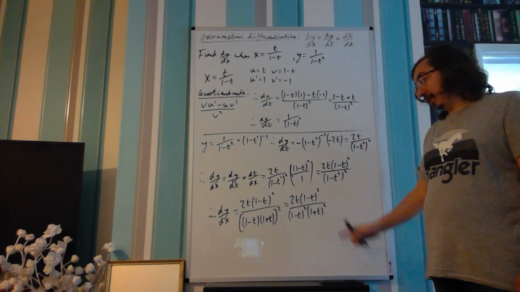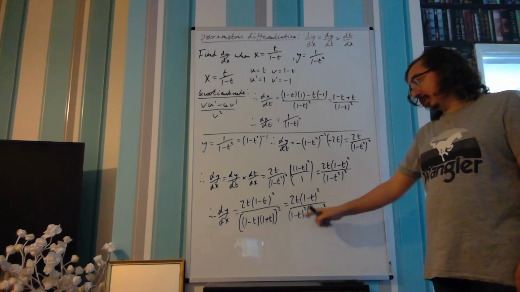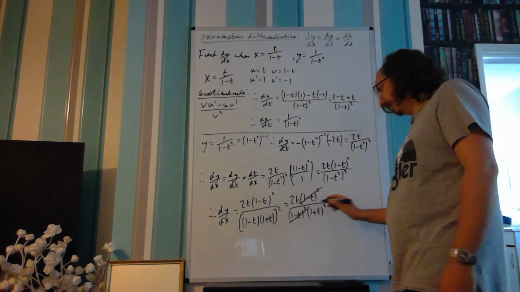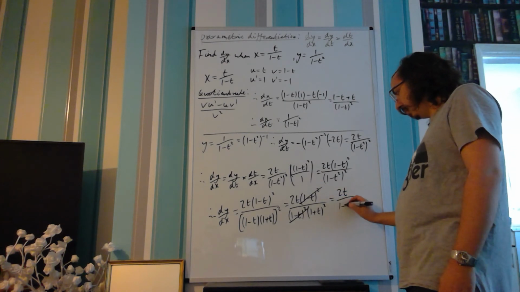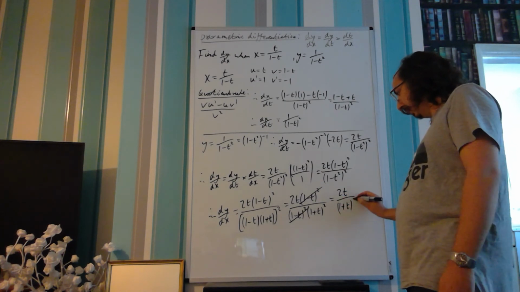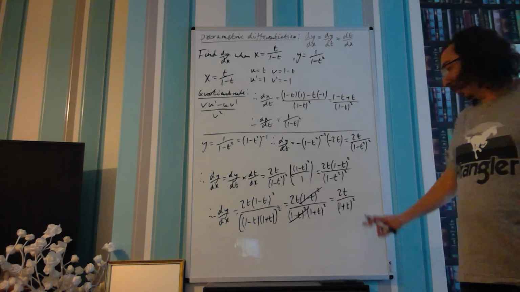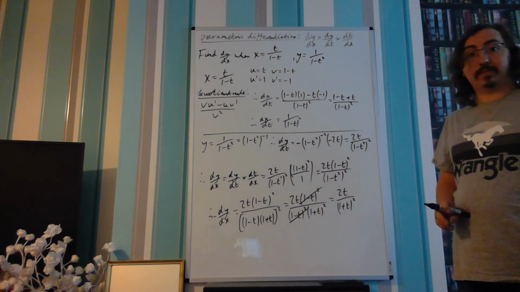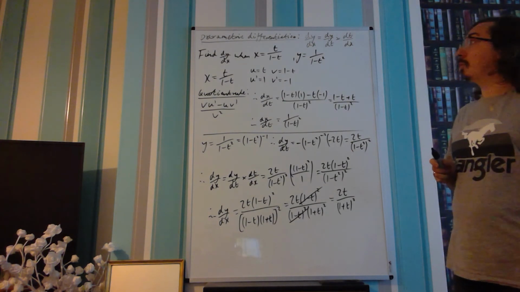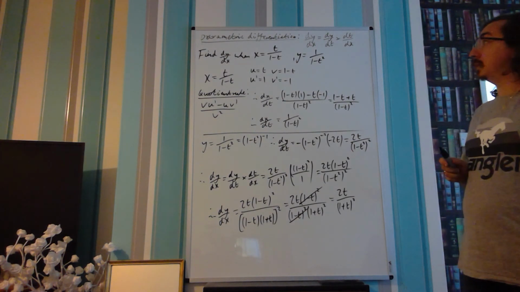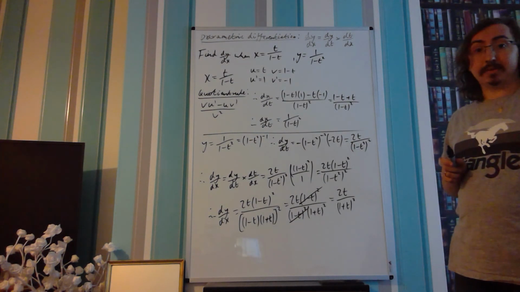And what's going to happen, these 1 minus t squareds are going to cancel, leaving you with 2t over 1 plus t all squared. And that is our final answer for dy by dx, when x is equal to t over 1 minus t and y is equal to 1 over 1 minus t squared.